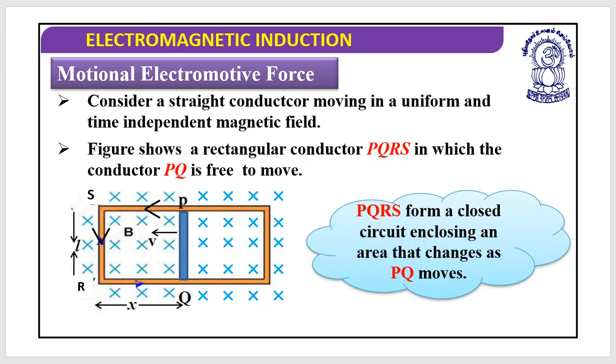Let's begin. Let's understand that we have a straight conductor, named PQ, moving in a uniform and time independent magnetic field. This figure shows a rectangular conductor PQRS in which the conductor PQ is free to move, and PQRS forms a closed circuit enclosing an area that changes as PQ moves.